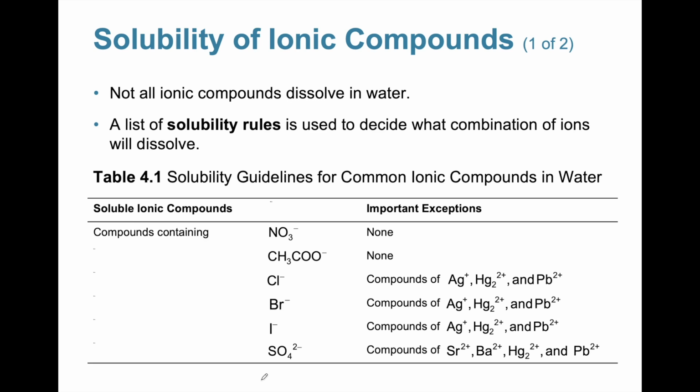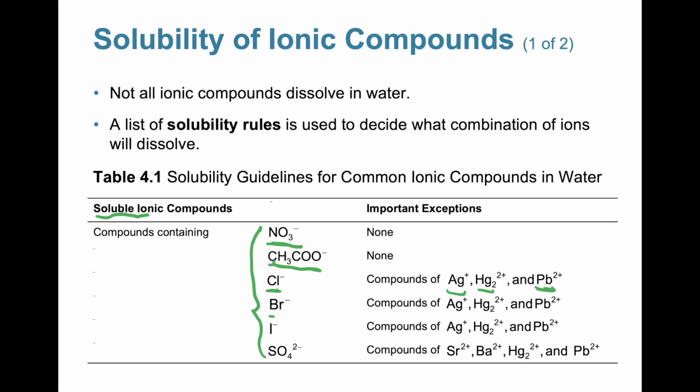So just real quickly, all these guys here are soluble in water, except for these exceptions. All nitrates are soluble in water. All acetates are soluble in water. Chlorides, most of them are soluble in water except for silver chloride, mercury chloride, and lead chloride.